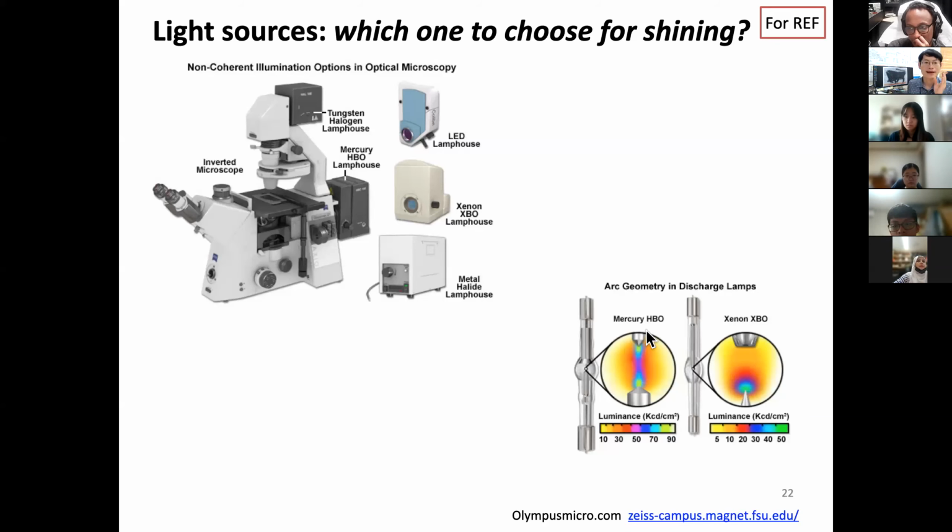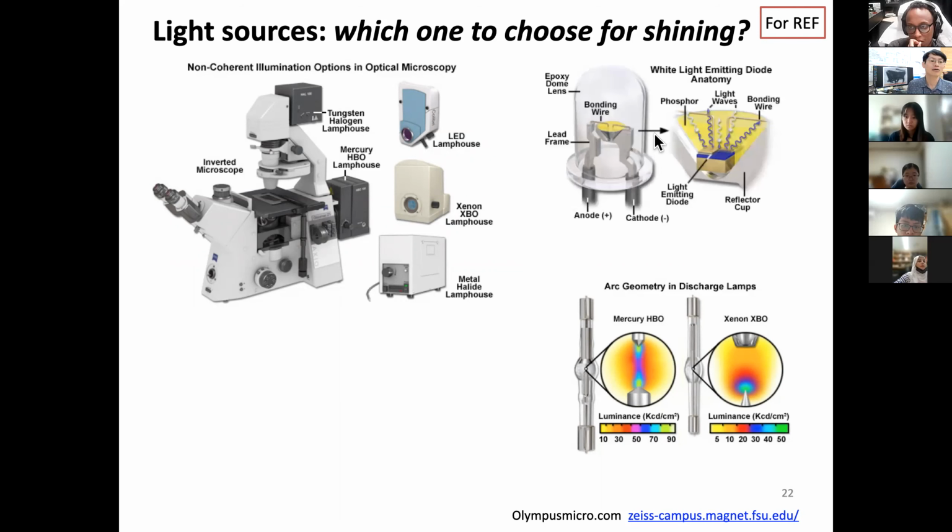The other one is the xenon arc lamp. This is also very expensive, and it makes an arc and generates light, in candela per square centimeter. Now things are moving towards a very cheap and more robust light source, such as the light emitting diode, or LED. LEDs are everywhere.